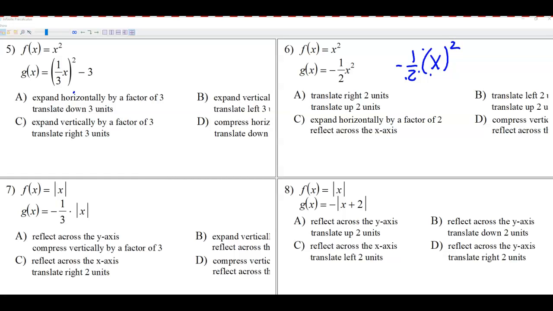So then we have a horizontal expansion. Wait, hold on. Okay, those are our two translations.